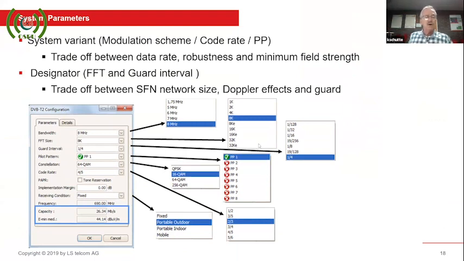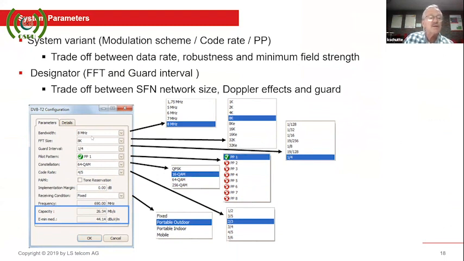Okay, then what is important, when you do the planning in a T2 network, there's a number of parameters which you can change, and this will all impact on the final capacity that you will have in your multiplex.